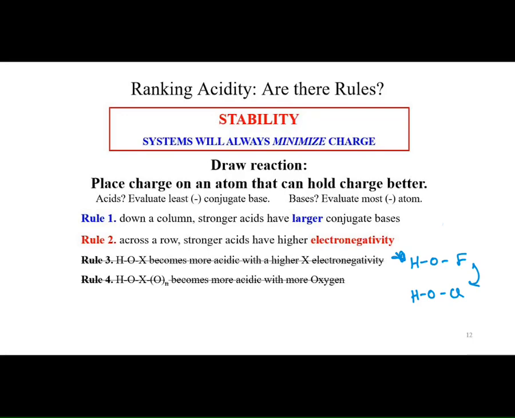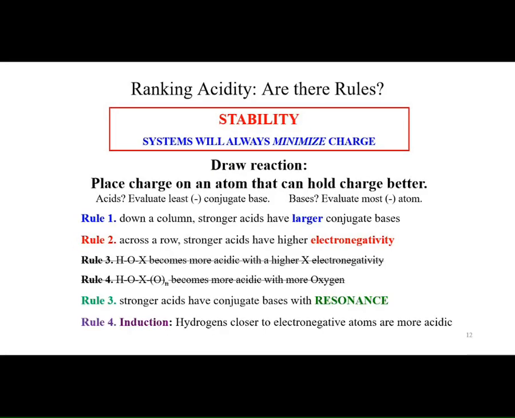If you move to rule 4, it goes through and says, well, what if you have more oxygens on there? How does that affect the acidity? Well, the one with more oxygens becomes more acidic. Really, those two rules, and I would argue on my slides here I have these reversed, are getting at the exact same thing that rule 1 and 2 were looking at.